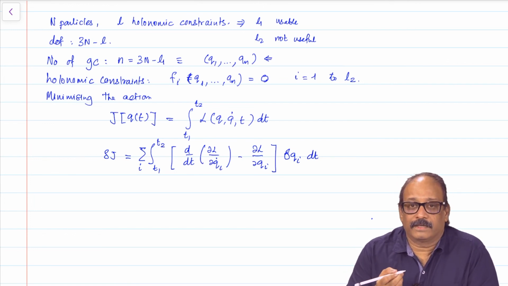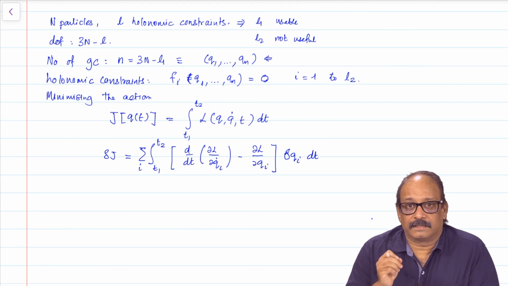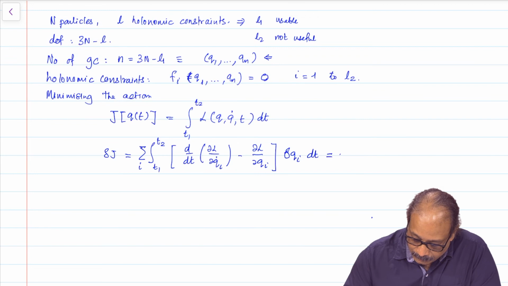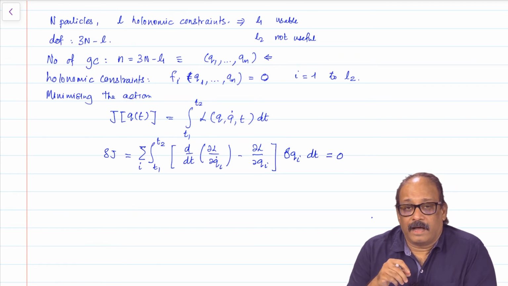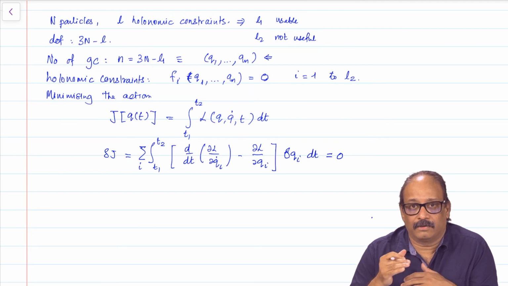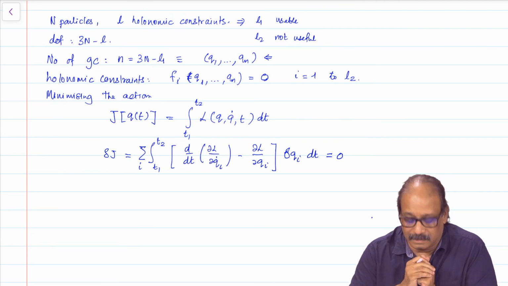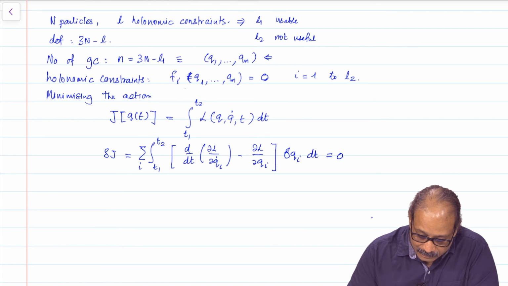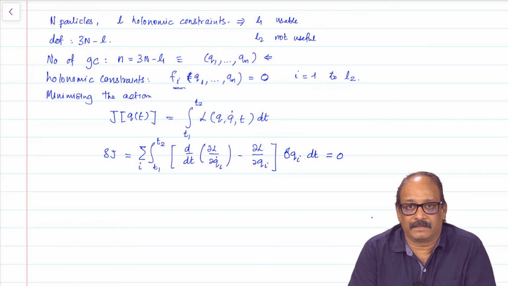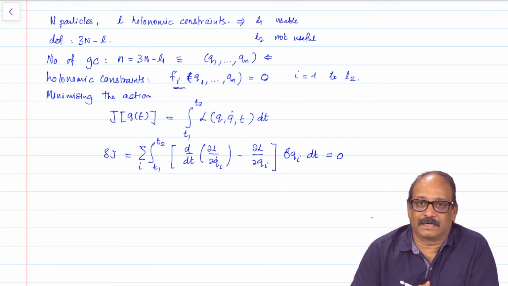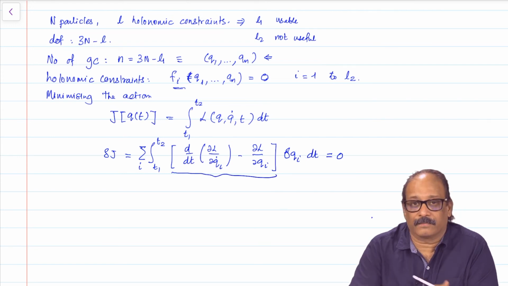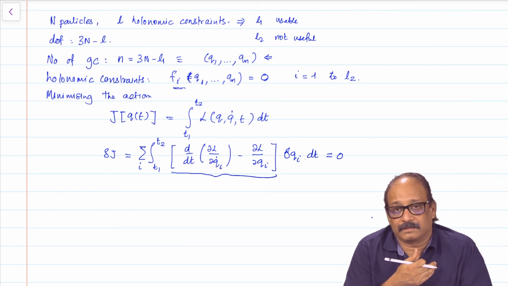And what do we do at this point? We say we want the stationary point of J, that means the variation must be 0. If we had only holonomic constraints and all of them had been used, without these additional constraints, then of course the delta Qi's would be independent of each other, and you can use that fact to set each of these brackets to 0, and that is how we got the Lagrange's equations.